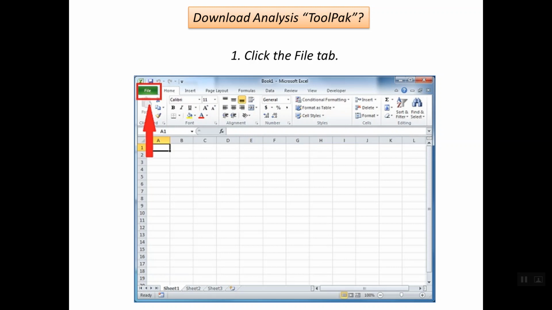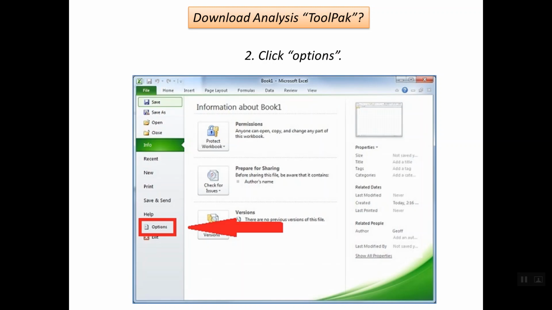First of all, click the File tab in the main page of Excel. After clicking File, this new window appears. Then we click on Options in the left column.